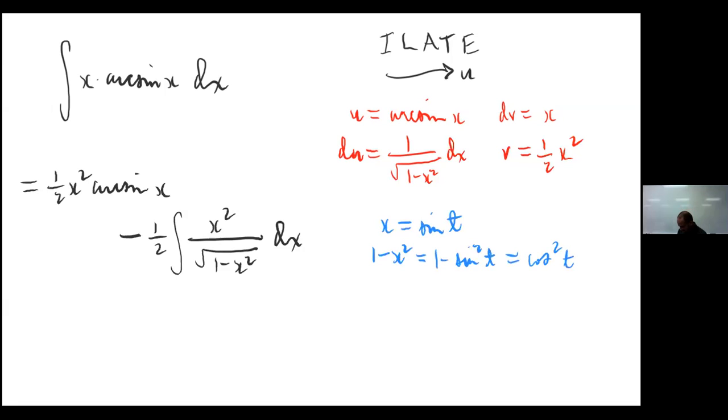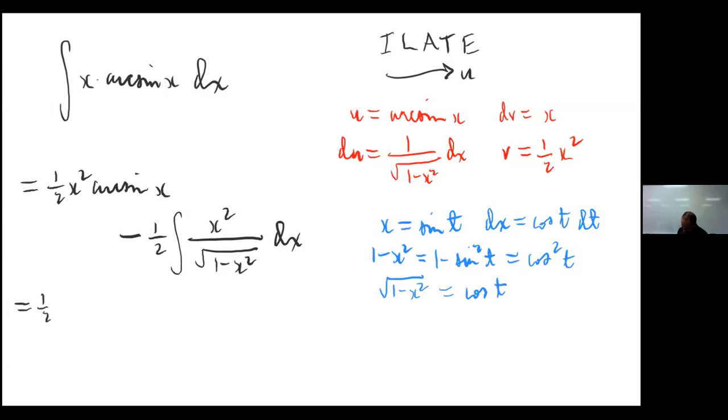Cosine squared of t. And what is dx? Cosine of t dt. Very good. I think we have everything we need, except maybe we should just observe that the square root of 1 minus x squared is equal to just what? Cosine of t.